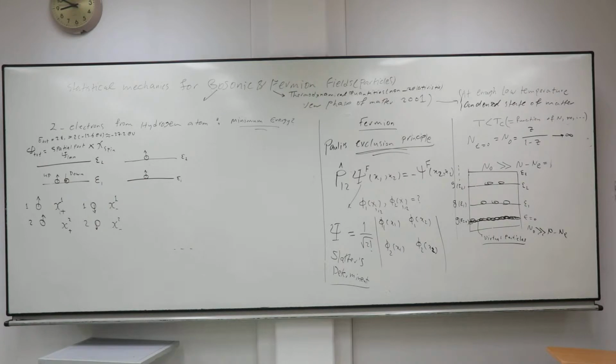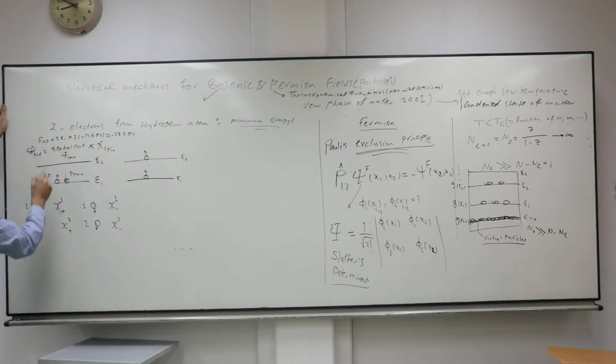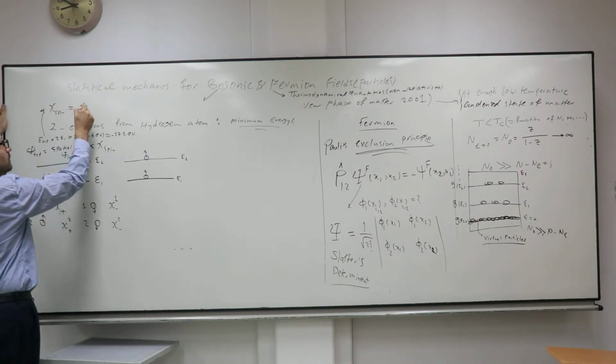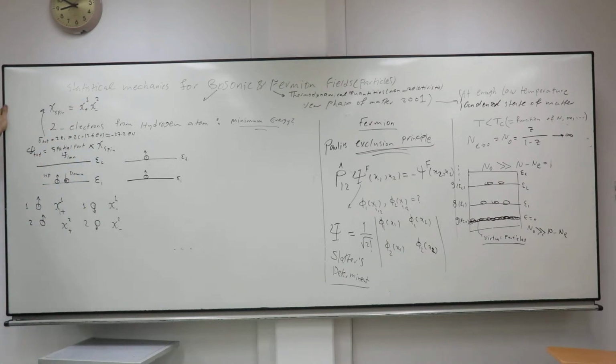What is the psi for this case? One is up and one is down. So for here, the spin part will be one up, one down. But is this correct?